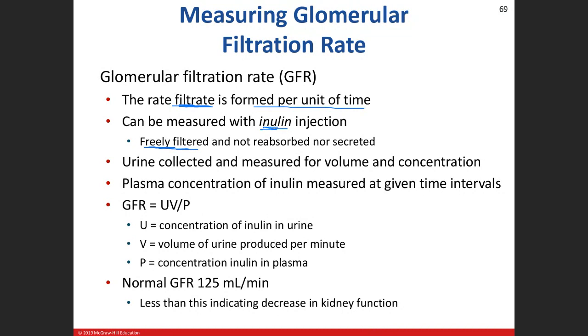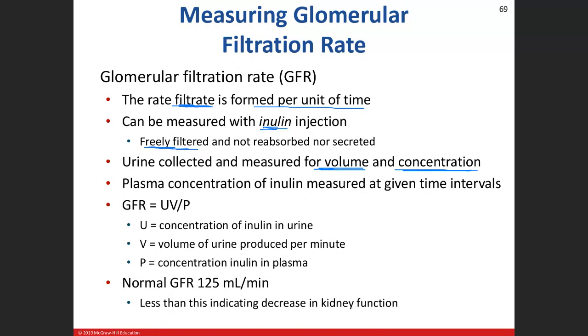What we'll do is collect your urine sample, then measure how much urine you're producing, and then check what's in your urine. When we do the inulin injection, we do it over a period of time. There's going to be several different collection times, and then we're able to calculate and figure out what your glomerular filtration rate is.